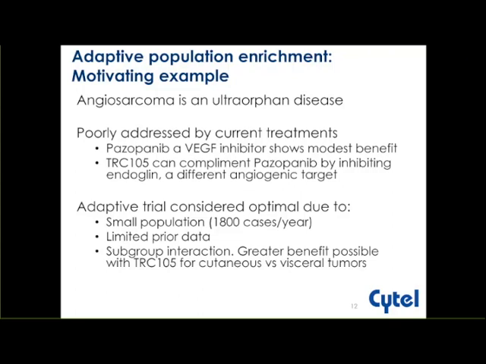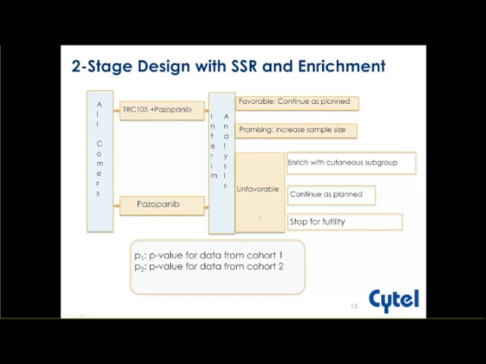So the type of design that has been employed in such a situation is the following that you see here, and which I'm going to try to explain in the graph in front of you. So we have an interim analysis. First of all, we have the enrollment in two cohorts that will be done in a sequential manner.